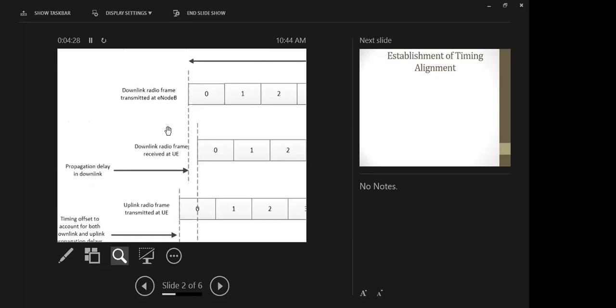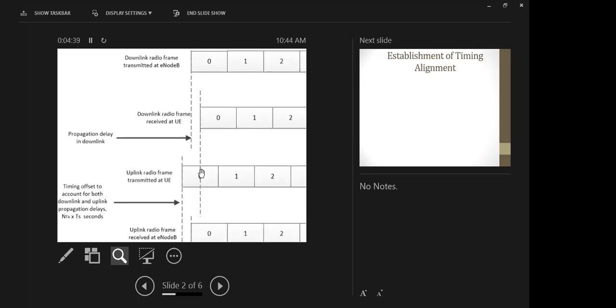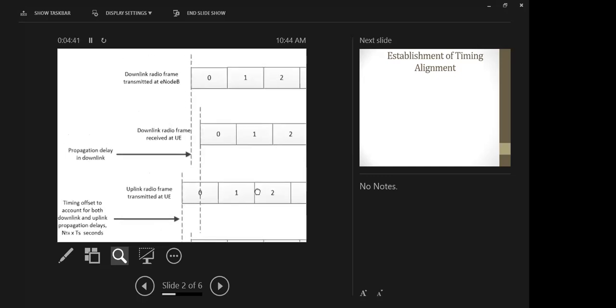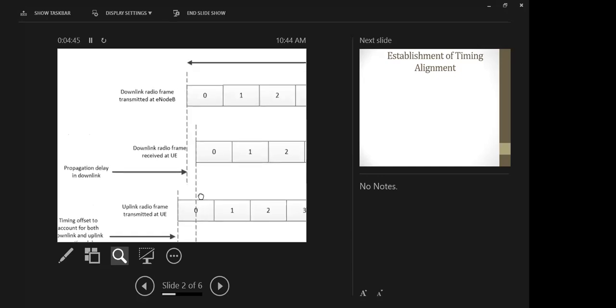When it finds that it receives here, then it will maintain a distance here. It transmits here. Now you see it is actually twice as much as the propagation delay. Probably the figure shows that we have twice as much time difference here. So it transmits here.